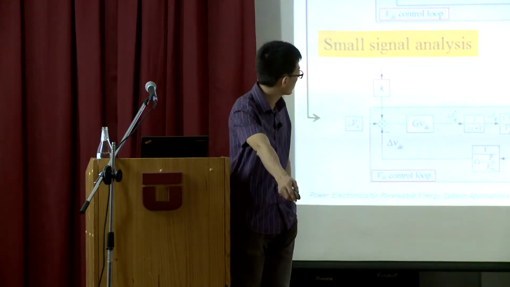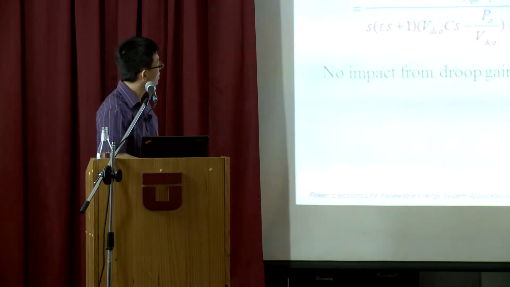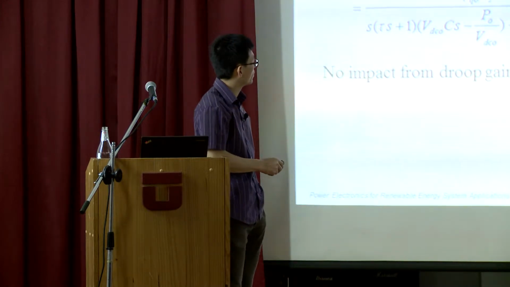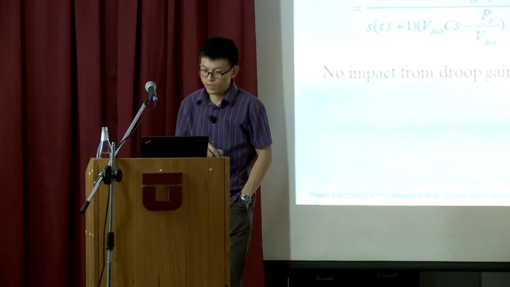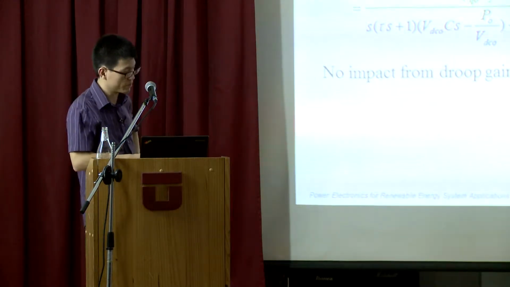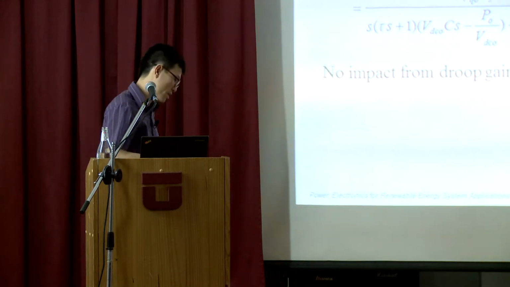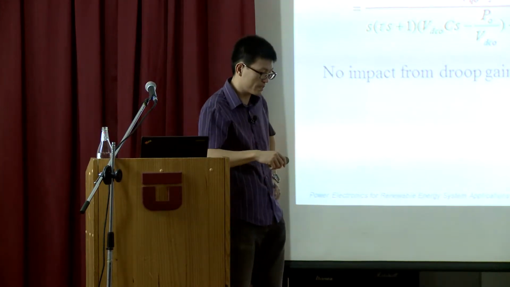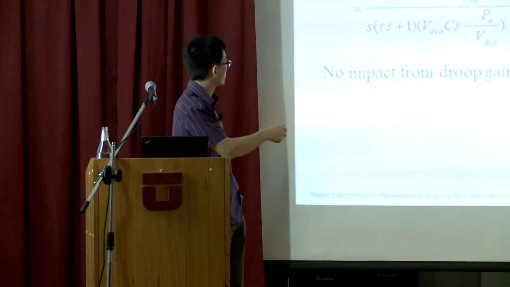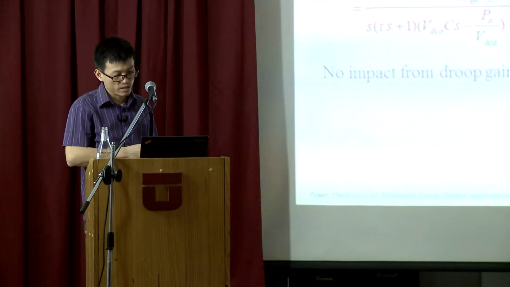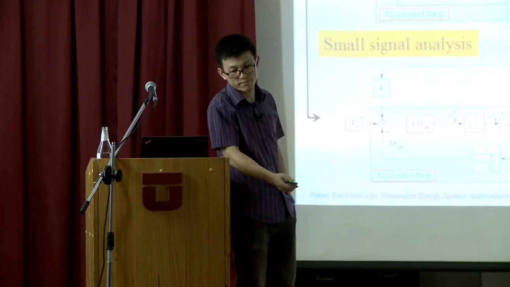If you look at the equations here, the dynamics related to VO, you actually have no K, no droop gain in this equation, so there's no impact from the droop gain at all. Which means the voltage mode droop doesn't really have impact on the dynamics of the system. This is something very interesting, and the reason, as I said, is really because this is feed forward, simple as that.